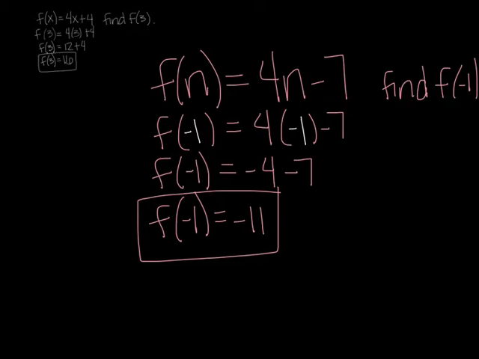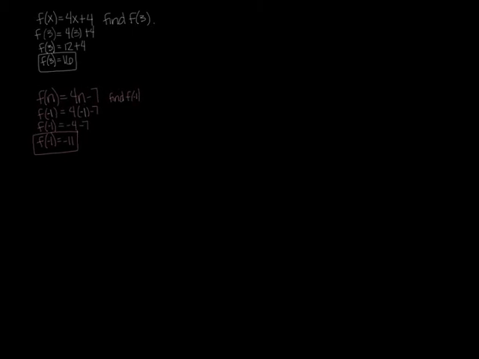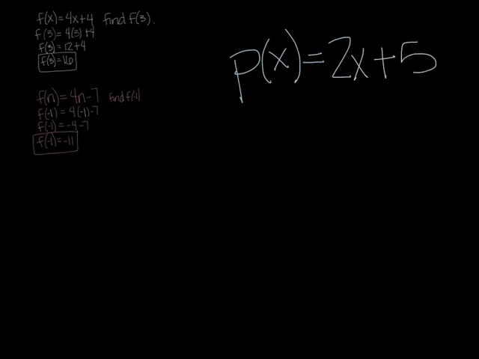All right, one last example. This time, let's say that we're dealing with p of x, and p of x is 2x plus 5, and we are asked to find p of 1/2.